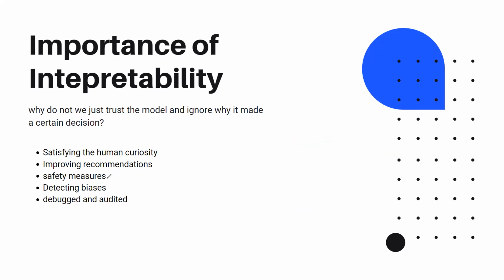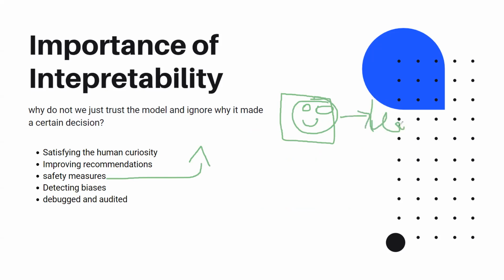Another one is for safety measures, right? So let's say you are operating in something related to safety. Let's say you're working with some visual recognition system, and the system told you this person, you shouldn't let them in because they are, let's say, a terrorist, or they could be related to some terrorist organization.